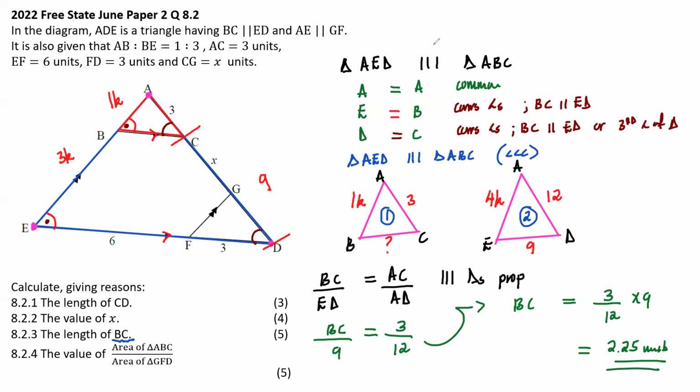So again, just to reiterate something that never changes and is always the case, the small triangle inside is always similar to the big triangle outside where they share parallel lines. Now, one thing you cannot do, and I said this in the beginning of the video, is you can't assume a midpoint. The midpoint theorem, and I didn't do it here, is a grade 10 theorem, but it's done also in grade 12.